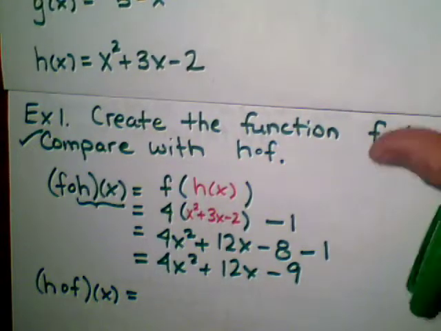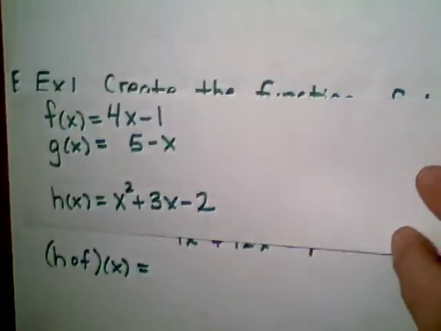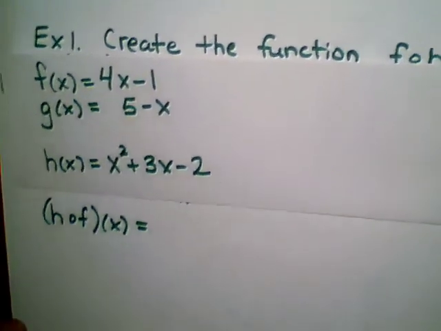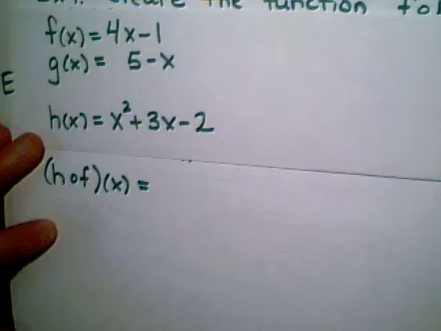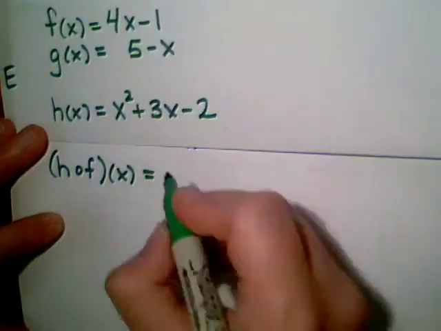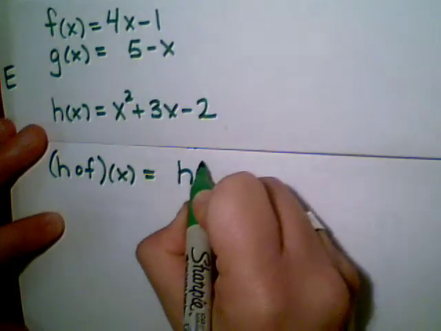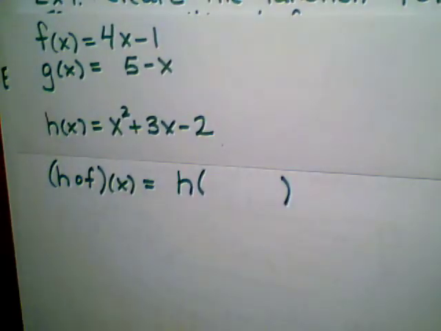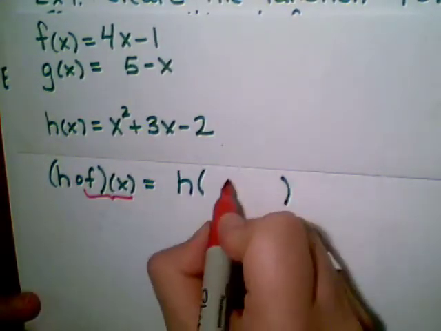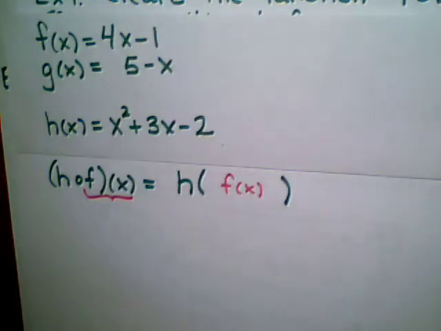Okay, for now, let me pull this down so you can see these functions again. And we're going to create h composed with f. By definition, that first function goes on the outside, and this last function listed is the input.